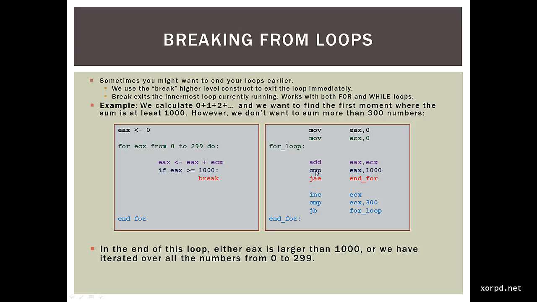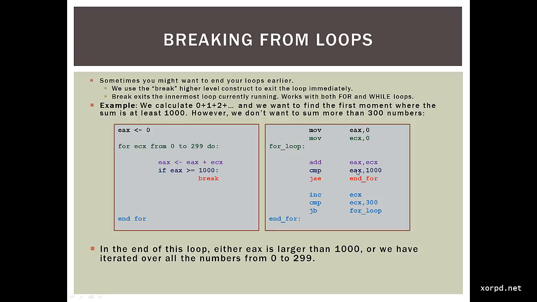Then we have the if condition. We compare EAX with 1000. We have already seen this kind of if statement too. It is just about comparing and jumping. So these two instructions are actually the representation of the if construct in assembly language.